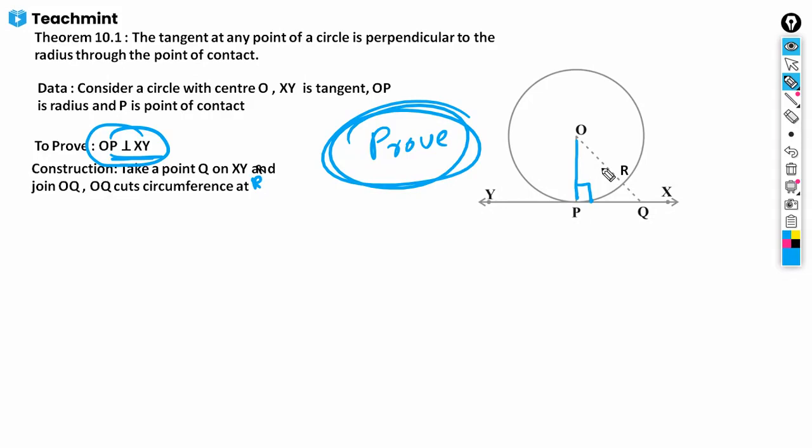Try to understand what I'm saying now. I'm going to tell you on what basis I can say that OP is perpendicular to XY.